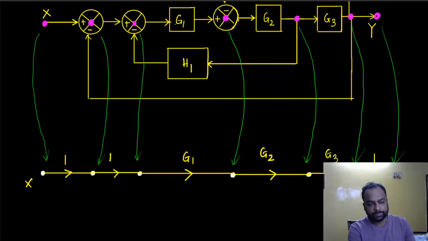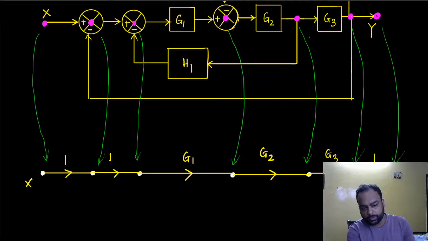Between these two, whatever signal comes out of this gets multiplied with G1 and gets fed to this one. Similarly, between these two, whatever signal comes out of this gets multiplied with G2 and gets fed to this one.